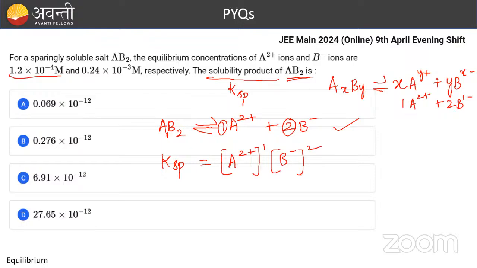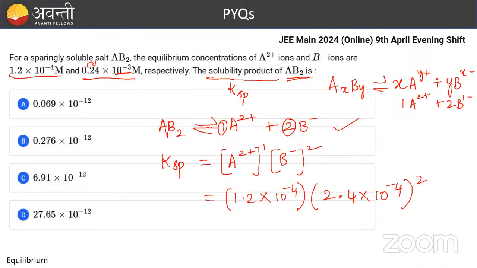You just make common. You make this also as 10 to the power minus 4. If I'm making this as 10 to the power minus 4, I have to move the decimal to the right hand side, so that I will get 2.4 into 10 to the power minus 4 square. Clear?